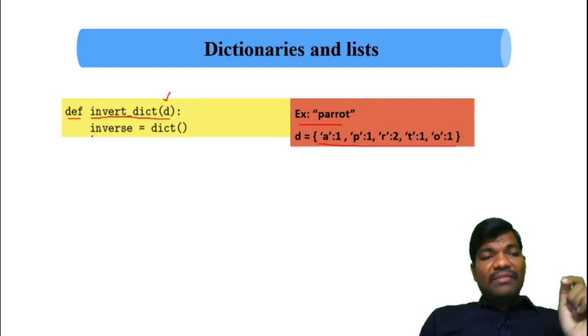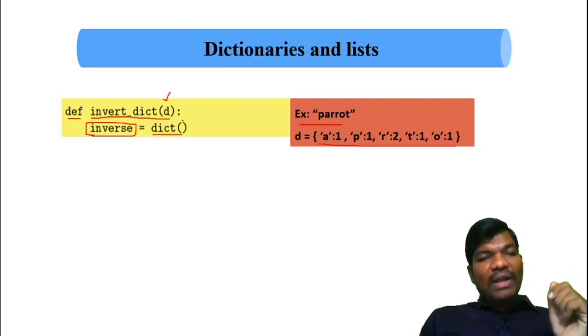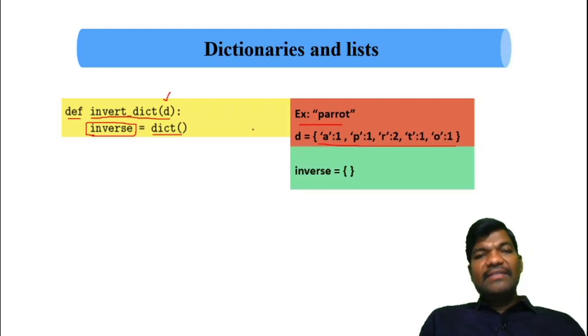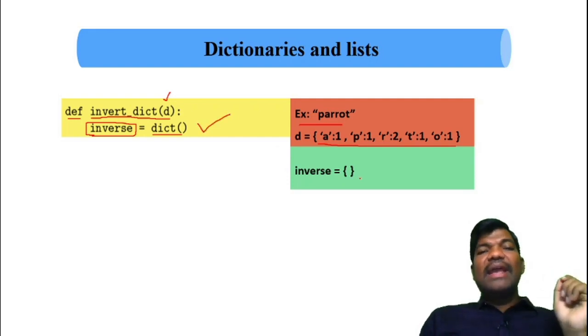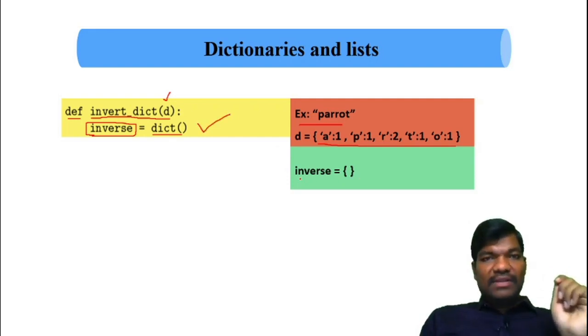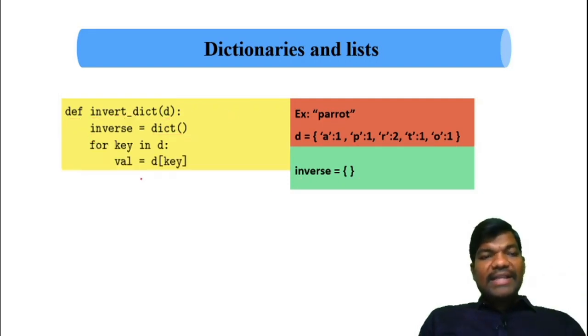Before going to that, give one variable, inverse, equal to the dict function. What is the meaning of this? It will generate an inverse dictionary, an empty dictionary. This generates an empty dictionary called inverse. Next, for key in D.